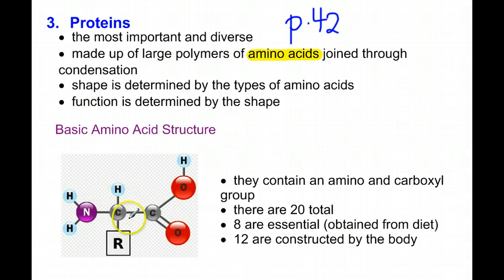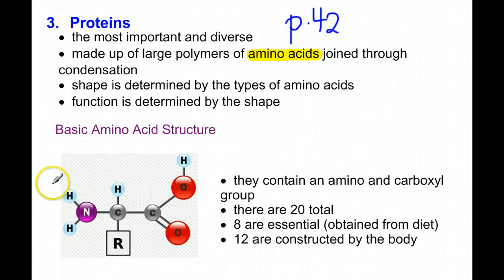Remember, carbon has 4 bonding sites. These 2 are taken up, this one's taken up, and so here's where we add different groups to make each amino acid unique to itself. And this is how we get our 20 different ones, by changing what comes off of this carbon right here. So the basic structure of every single amino acid will contain these things.